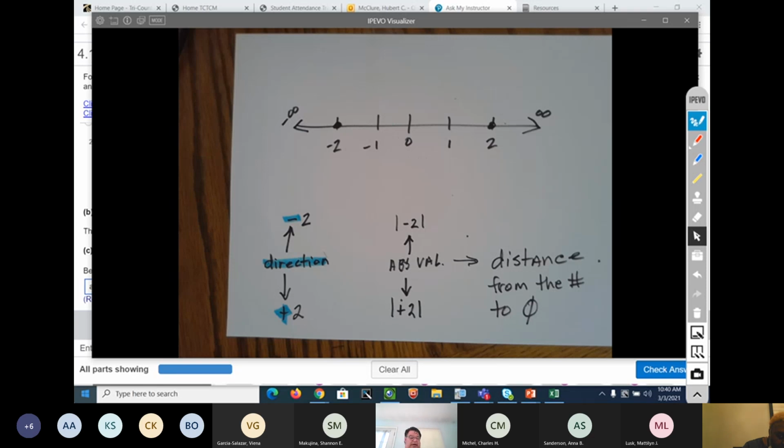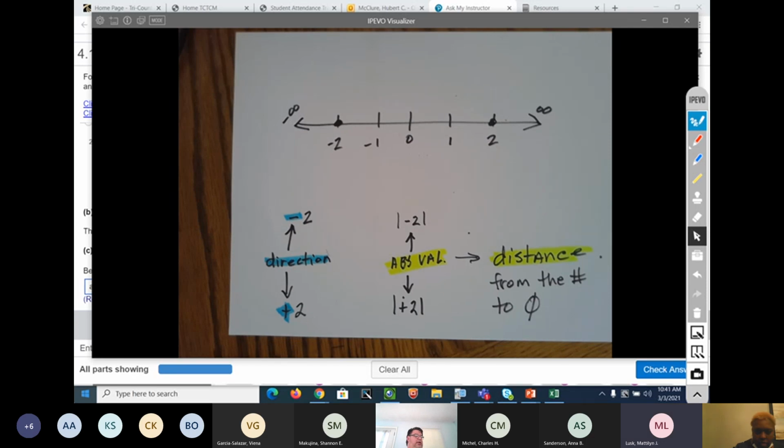Somebody tell me, when's the last time they saw a positive or a negative distance on a highway sign? Never. Why do you never see a positive or a negative sign on a highway sign? Because distance has no sign. What's the distance from Anderson to Atlanta? 250 miles, depending on where you're going.